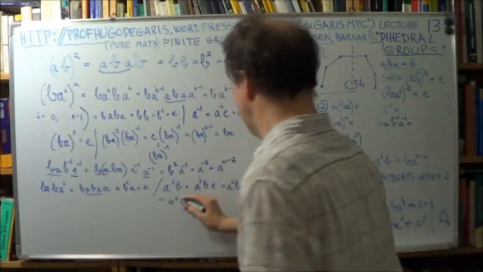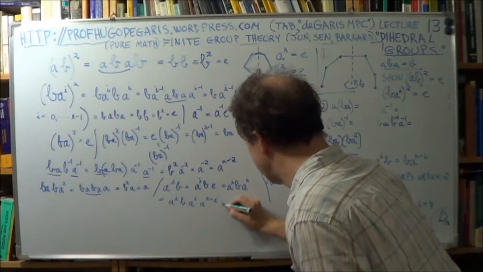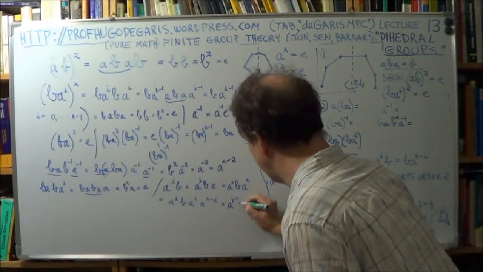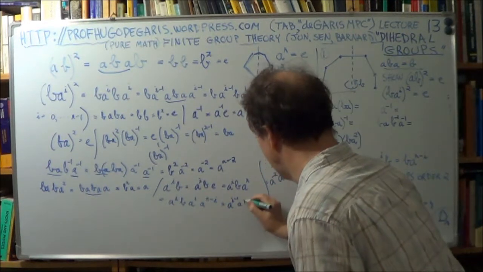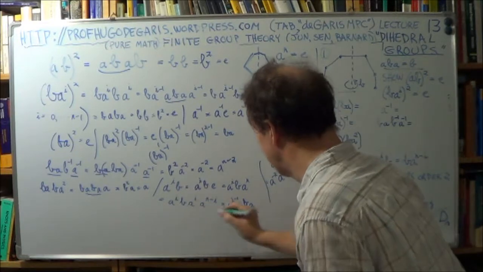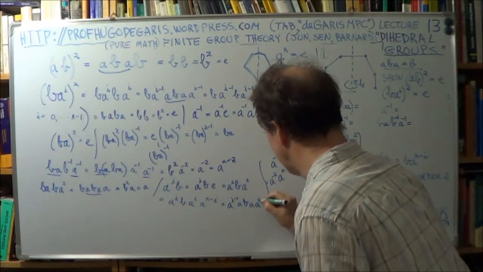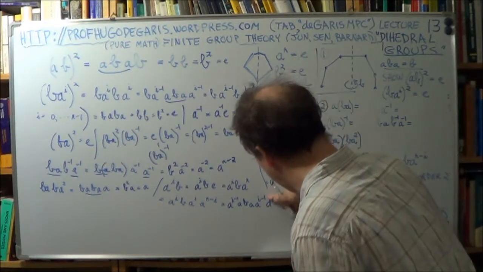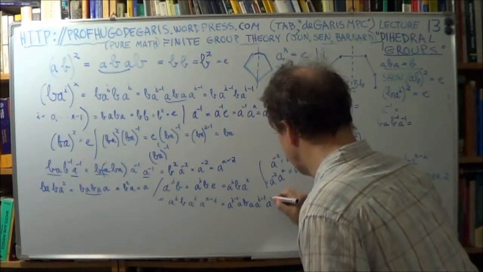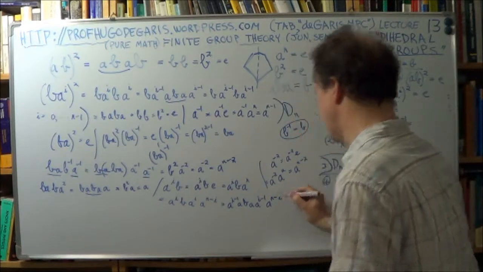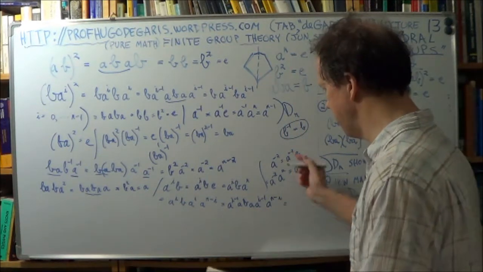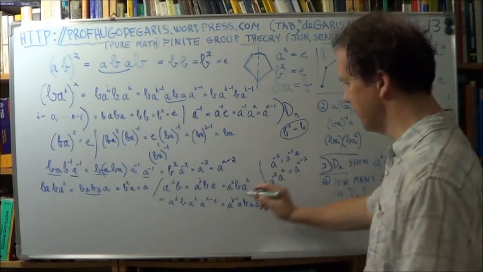So this becomes A to the I minus 1, A, B, A, A to the I minus 1, A to the N minus I. Now this ABA is just B, from one of your relations.